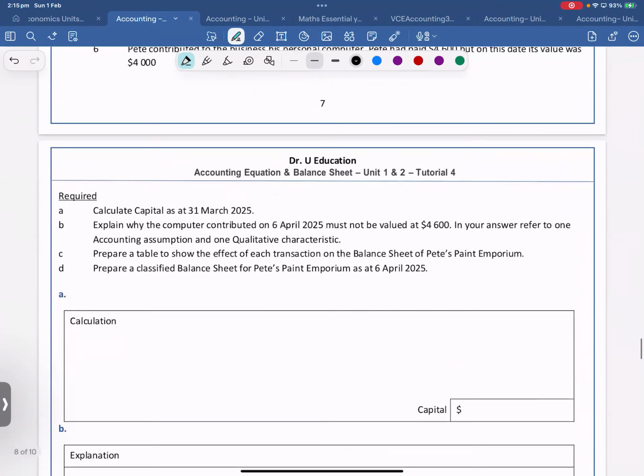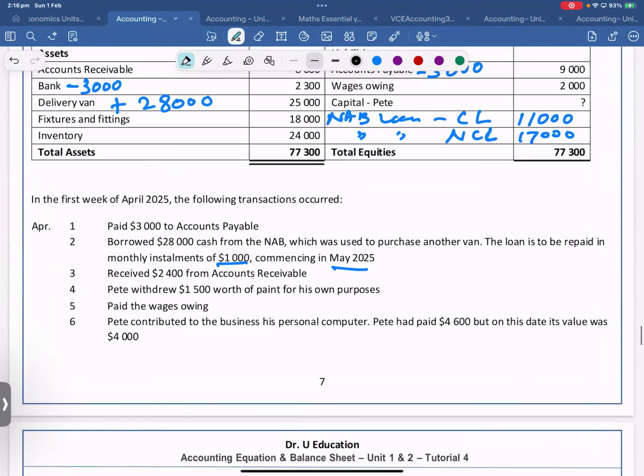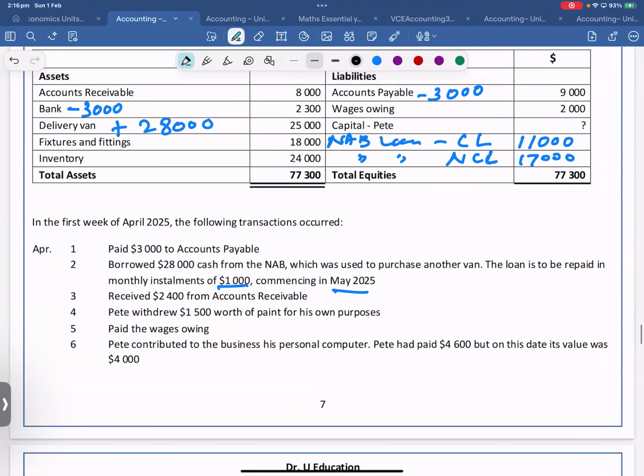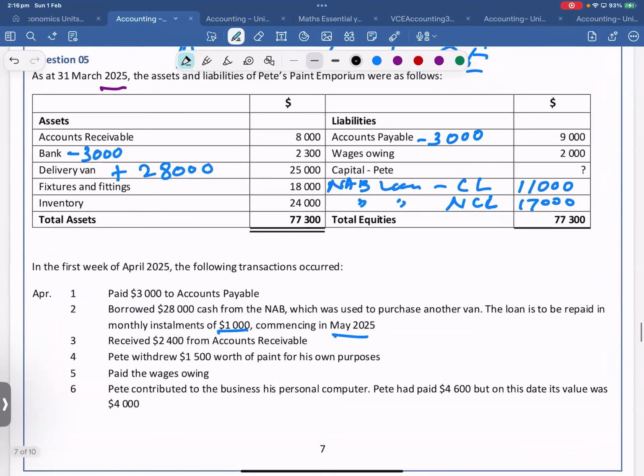Right. Now third one. Received 2,400 from accounts receivable. That I think you are okay, yes? What happens to cash at bank, Tanisha? Then you'll put plus 2,400, right? And then accounts receivable will be minus 2,400. If you want, you can do it in the table, but you should be fine, right?